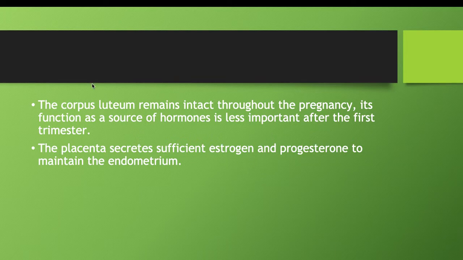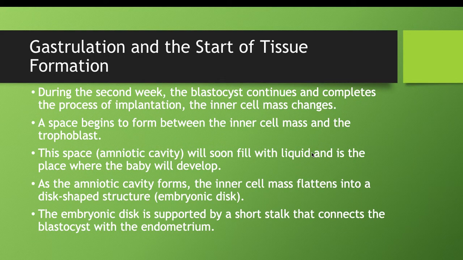So corpus luteum, really important at the first 2 months. After that, it'll sort of die off. Not really that important because the placenta will be developed enough that it can keep the estrogen and progesterone levels high enough that you won't have a menstrual cycle, which would cause you to lose your baby. So really important that the placenta is keeping those estrogen and progesterone at a high enough level.